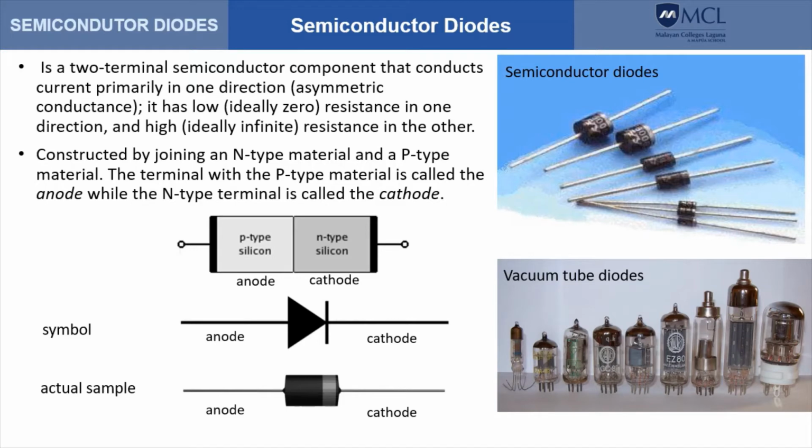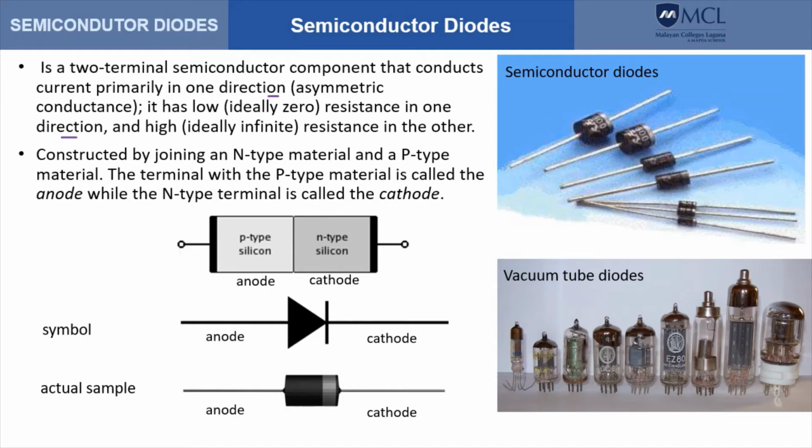So what are semiconductor diodes? These are two-terminal semiconductor components that conduct current in one direction. So it has a very low resistance in one direction and a very high resistance in the other direction.